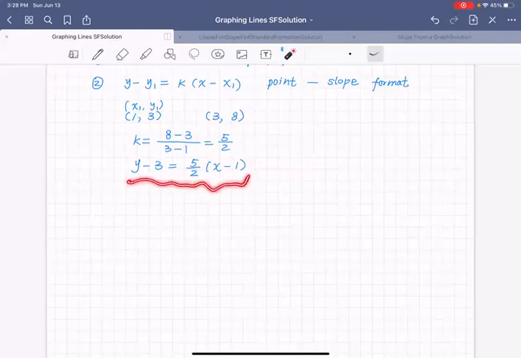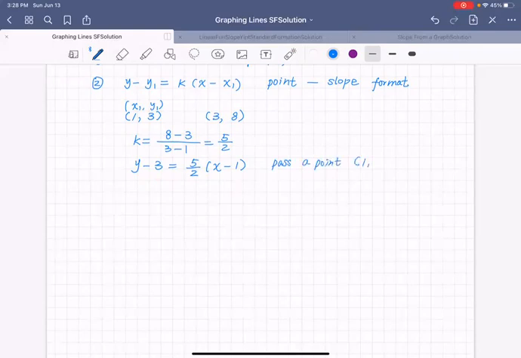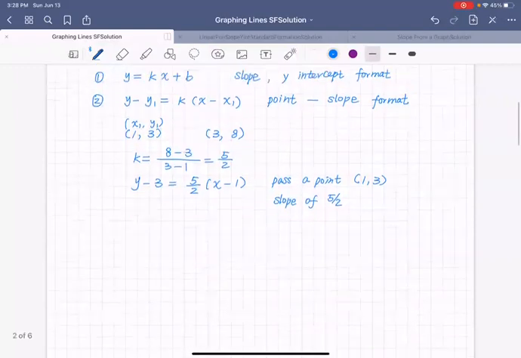By looking at this function, you immediately notice that this line passes through the point (1, 3), and this guy has a slope of 5/2. Does that make sense now? Okay. So this is number 2, the second format.